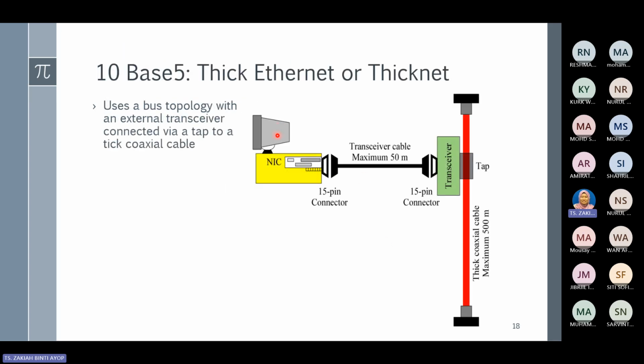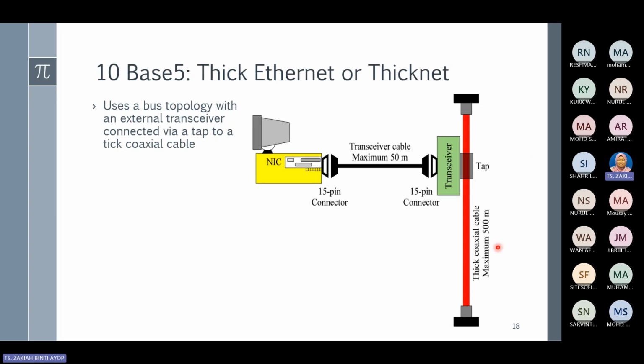For 10Base5, they use a bus topology with an external transceiver connected via a tap to a thick coaxial cable. The tapping here means that the signal can be shared together.